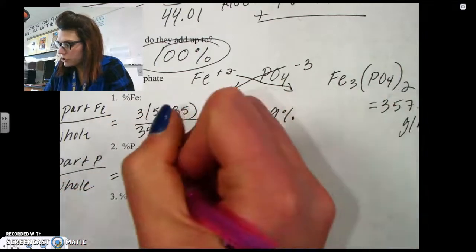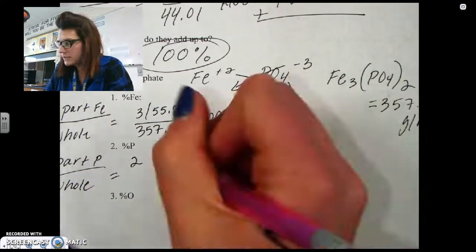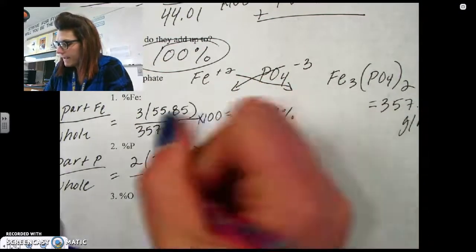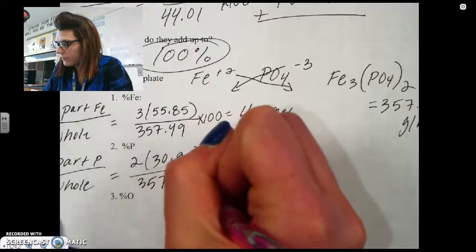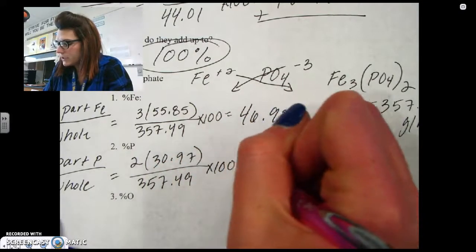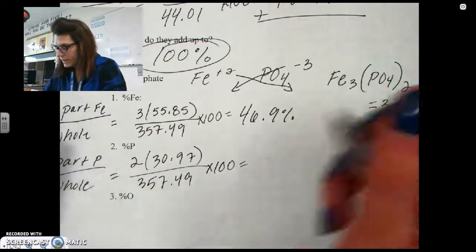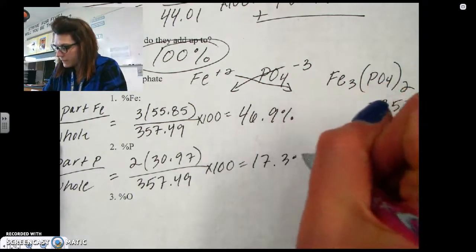I'm going to have 2, because I have 2 phosphoruses, times 30.97 divided by 357.49 times 100. So I'm going to get 17.3%.